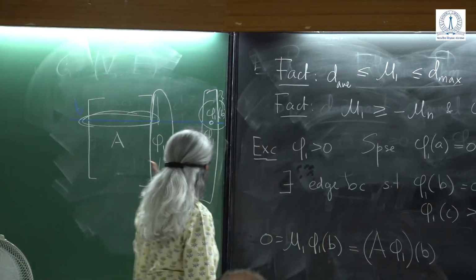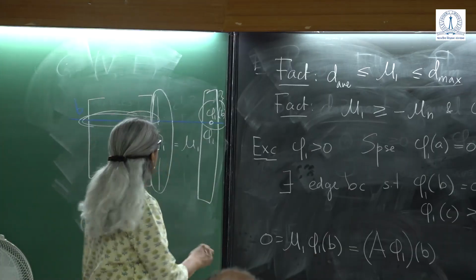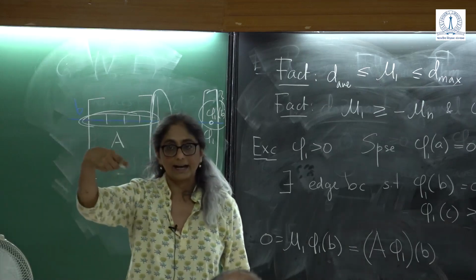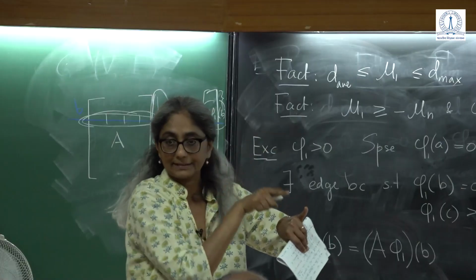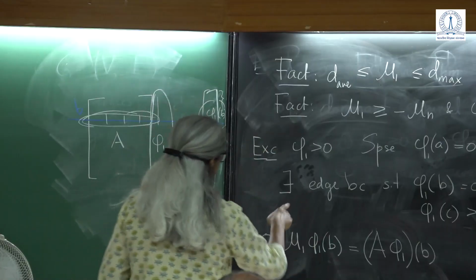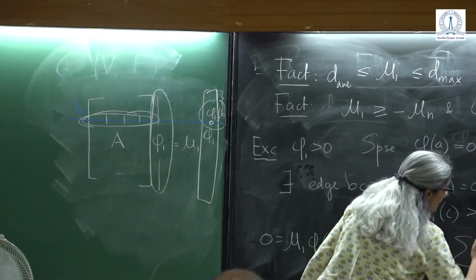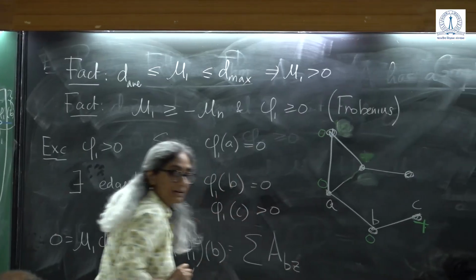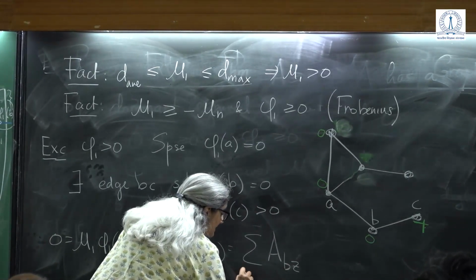If I do A times phi1, what are we summing up? There are some ones, and those are the only things that are active, and that's exactly where the edges are that connect B to something. So this piece is going to be the sum of phi1 over everything connected to B, let's call it BZ. So BZ is an edge.